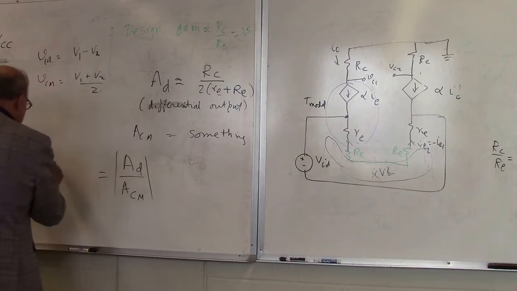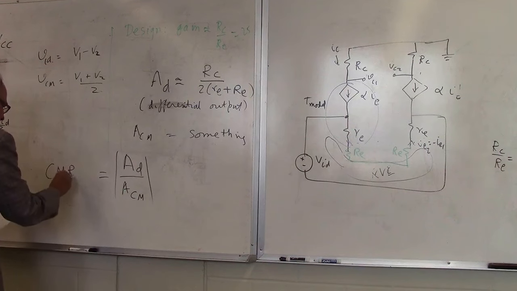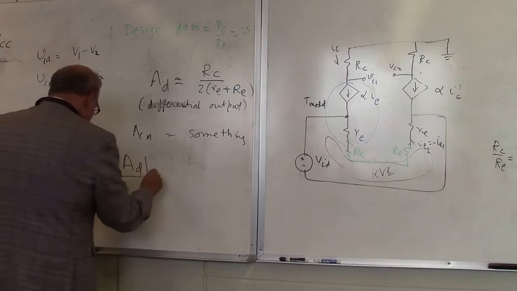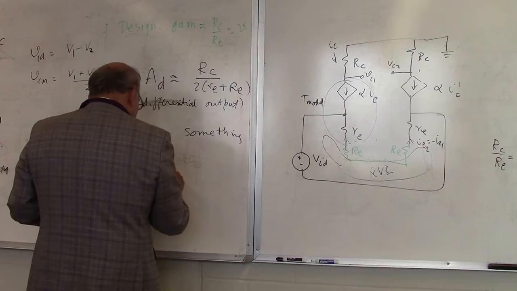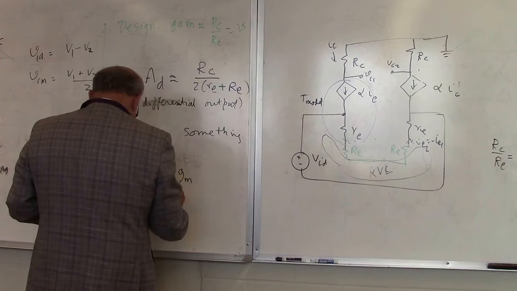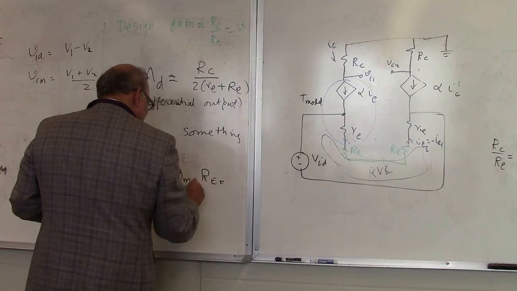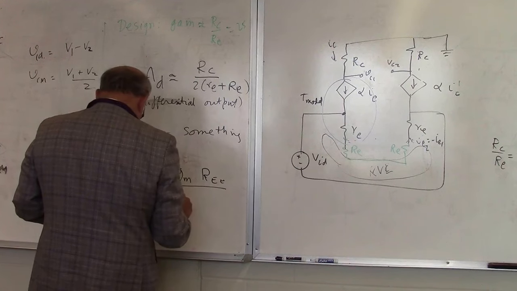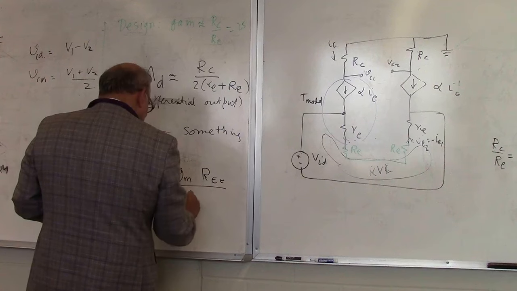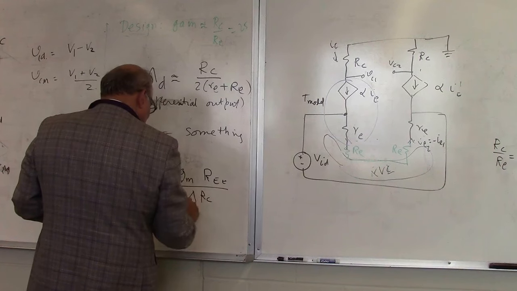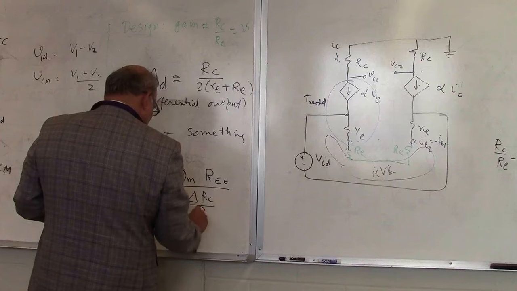this is called the CMRR. And this is equal to 2 GM REE divided by delta RC over RC.